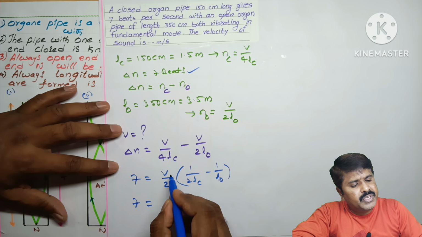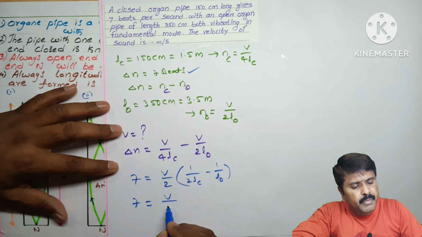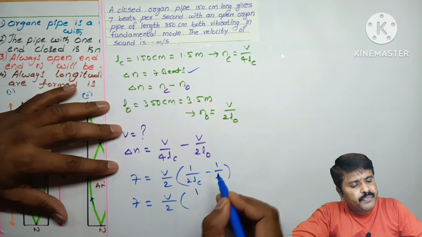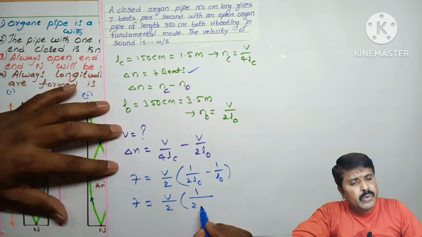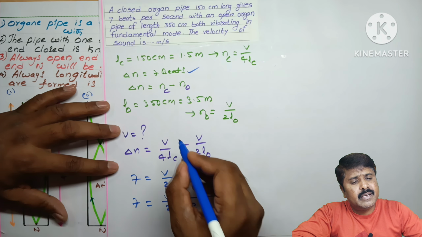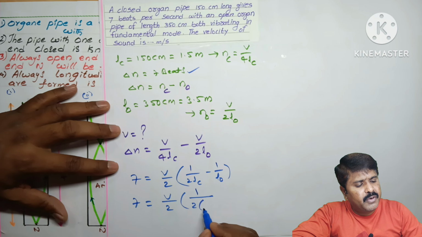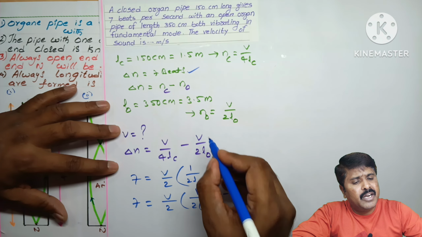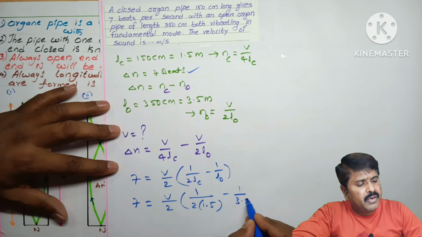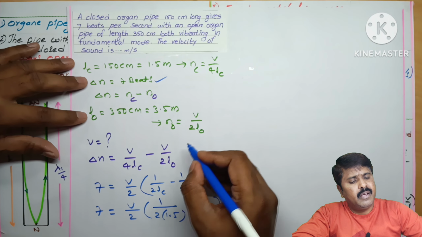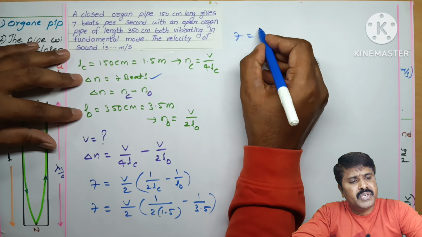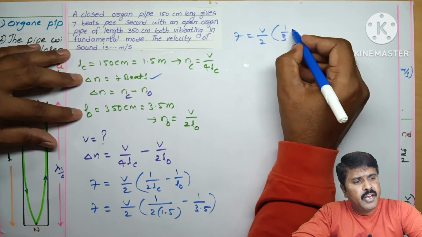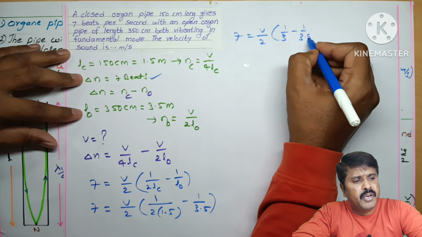So 7 is equal to V divided by 2 into 1 divided by 2 into LC value, how much is that, student? 1.5, minus L0 value 3.5. So continuation: 7 is equal to V divided by 2 into 1 by 3 minus 1 by 3.5.